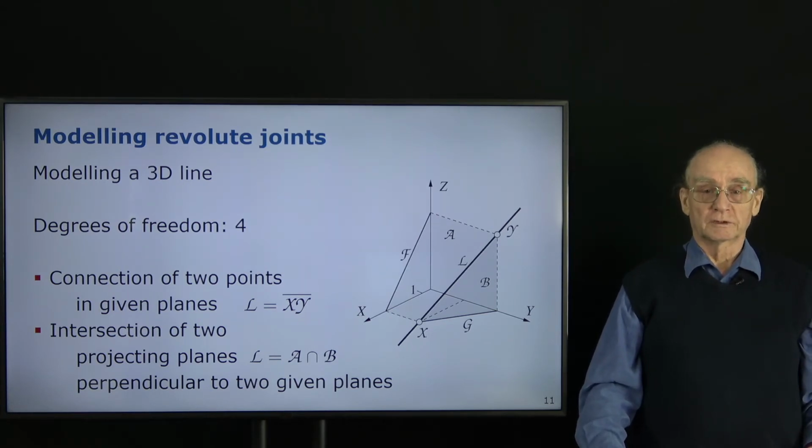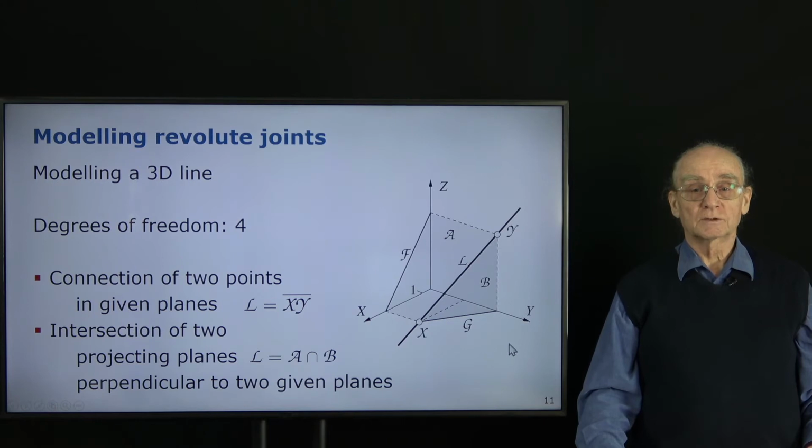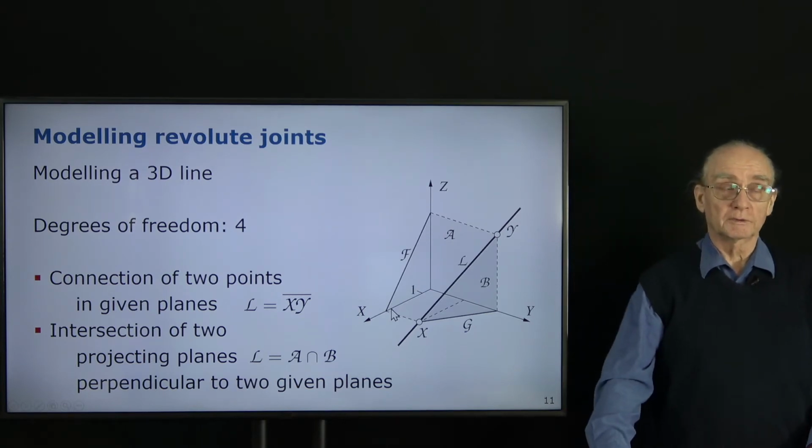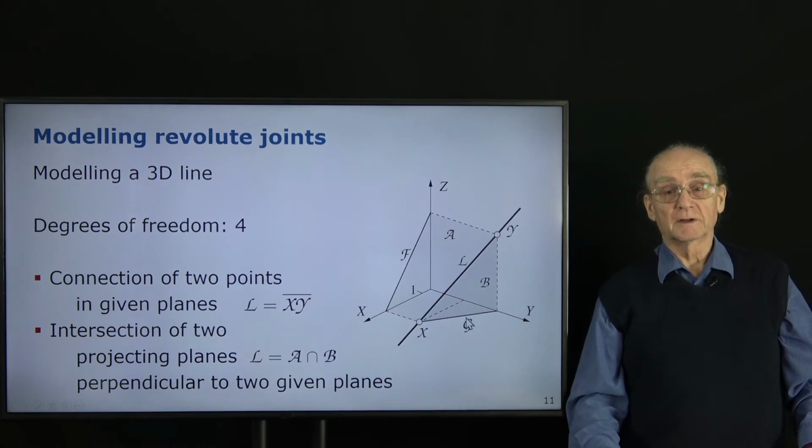Or you have an alternative possibility. So let's assume you project this line onto the xy plane. That means you get this line G here. And you can also project it onto the xz plane, which gives you this line F. And now you remember that you need 2 parameters to describe a line in 2D. That means you need 2 parameters for this line, and 2 parameters for this line.